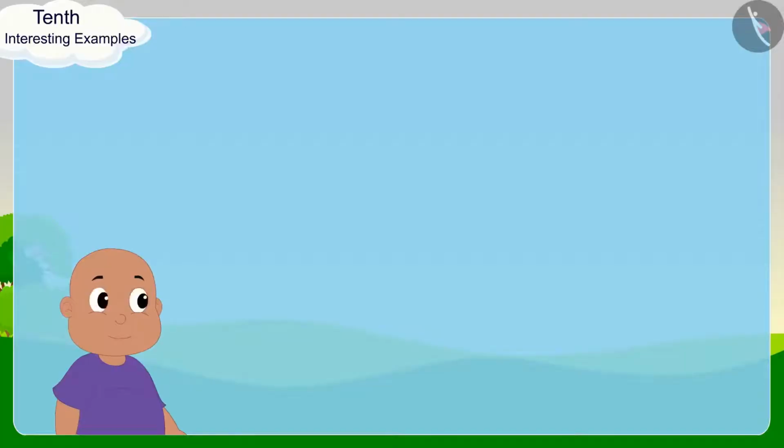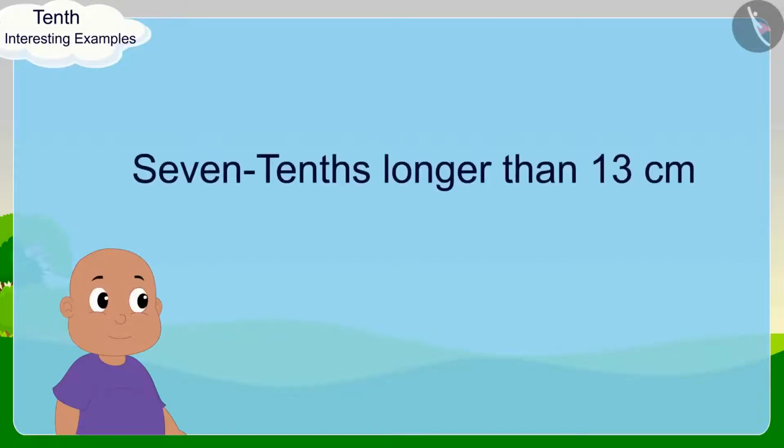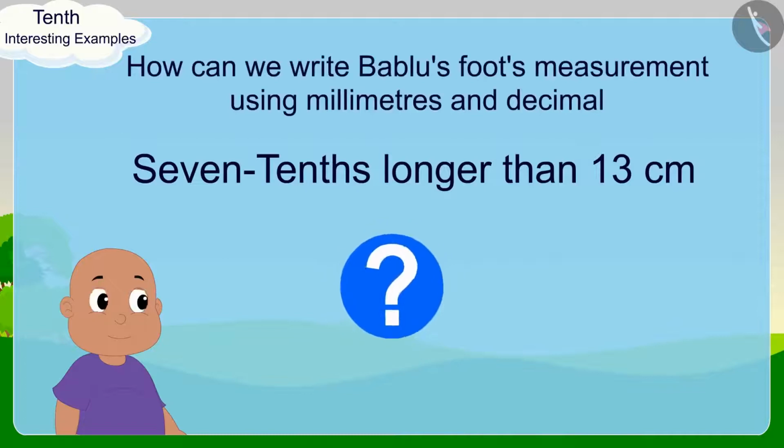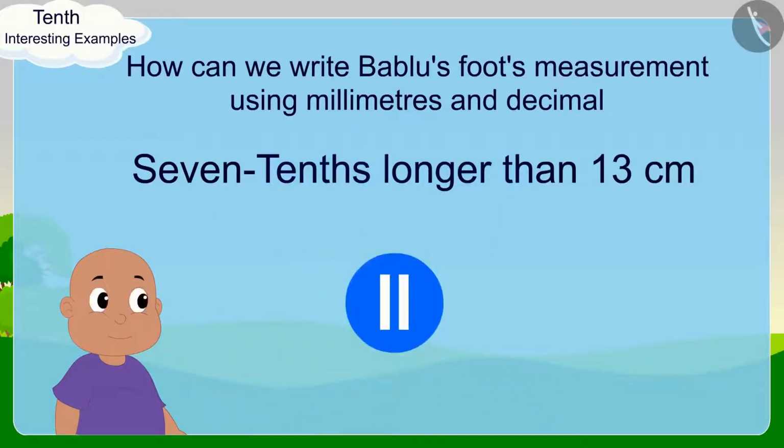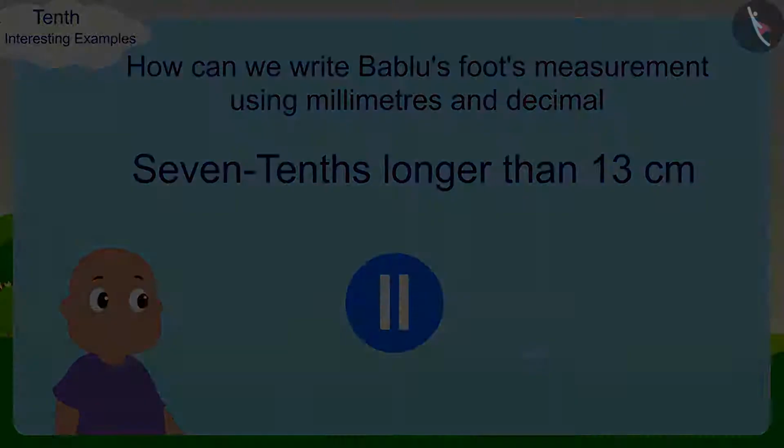Bablu's foot's measurement is 7/10 longer than 13 centimeters. Children, can you tell how we can write Bablu's foot's measurement using millimeters and decimal? If you wish to, you may stop the video and find the answer.